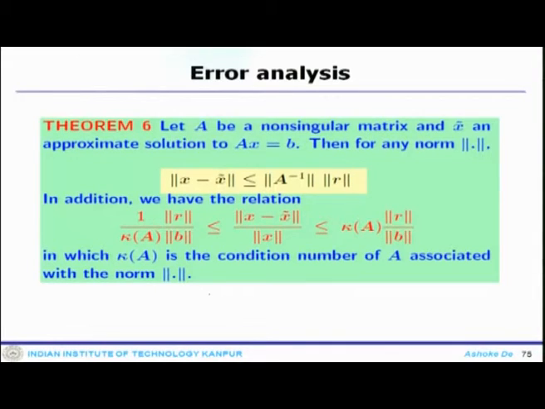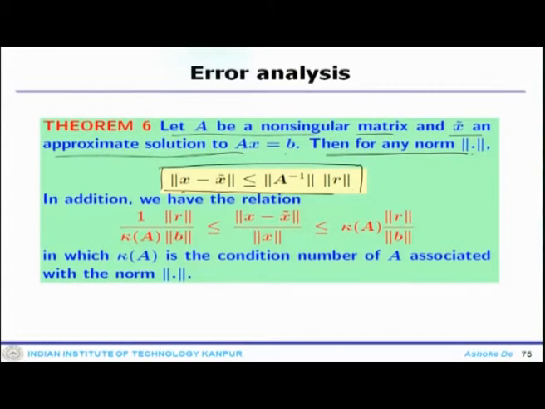So, that takes you to theorem number 6, which is: let A be a non-singular matrix and x prime an approximate solution to A x equals b. Then for any norm, the norm of x minus x prime is less than or equal to the norm of A inverse times the norm of R, where R is the residual vector.